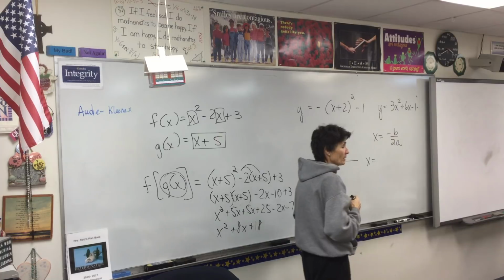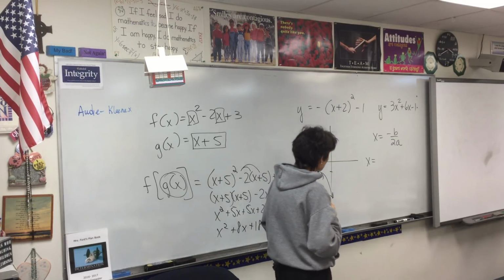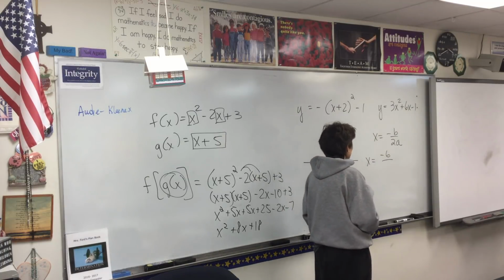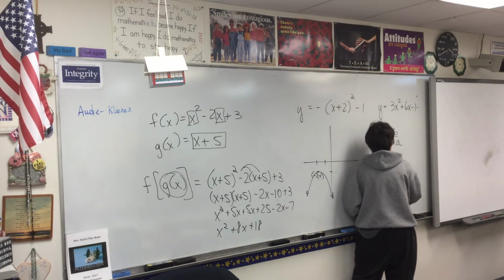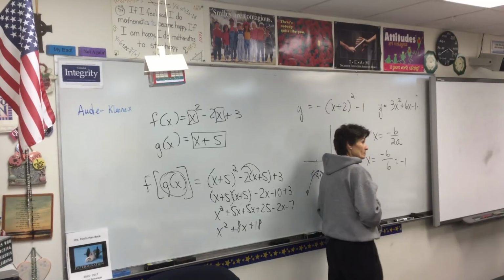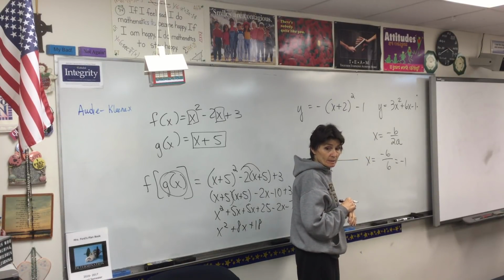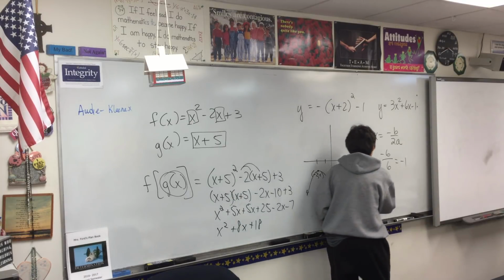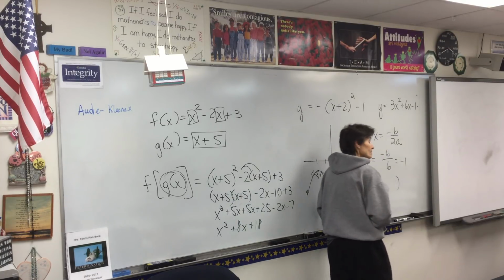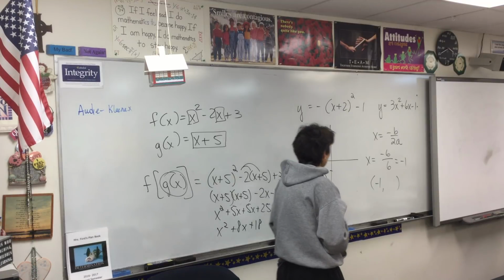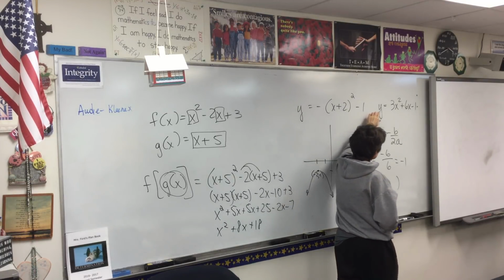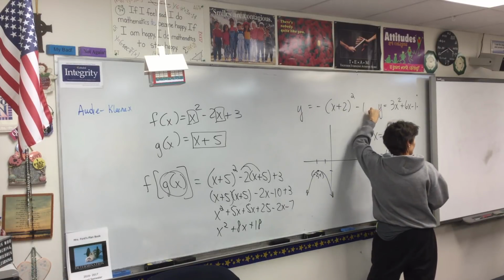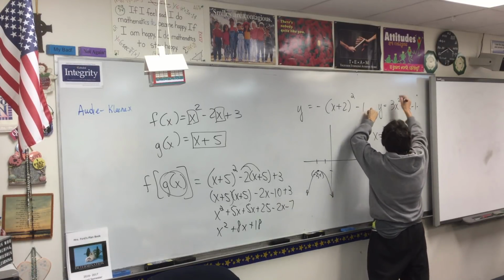So in this problem, -b would be -6. 2a would be +6. So -1. Now, is that the vertex? No, that is the x part of the vertex. So you just plug in -1. So now we come back to the equation, see where it says y equals? I want to know what y equals. So I'll put in -1.